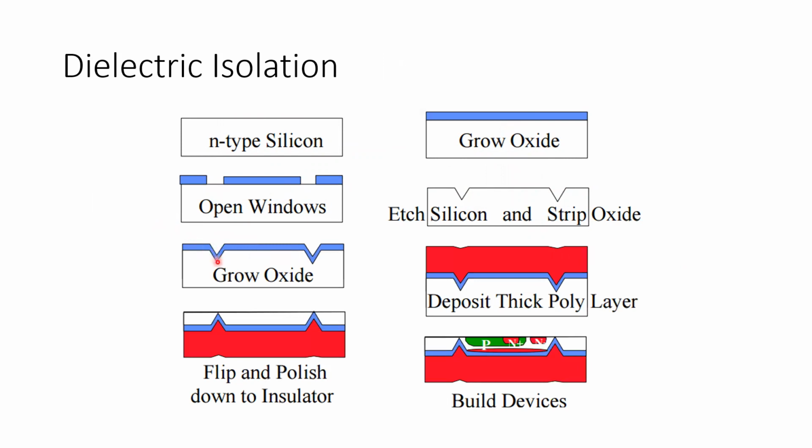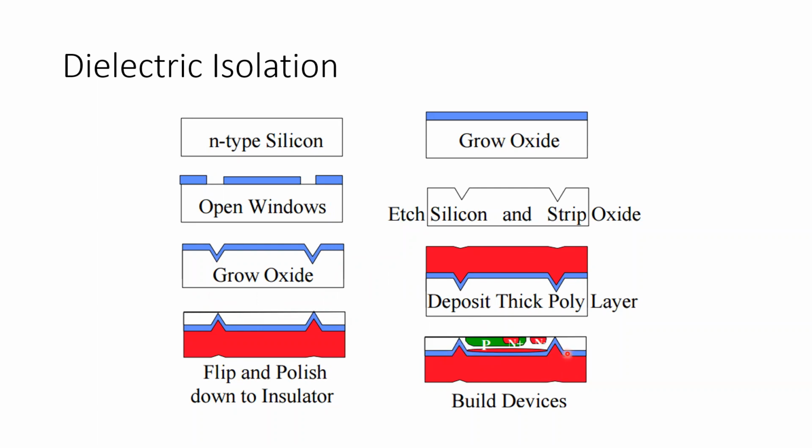Then we deposit a very thick layer of polysilicon, flip it, and polish the backside down to the insulator. Then we make the device in this silicon region, and we have this dielectric isolation.